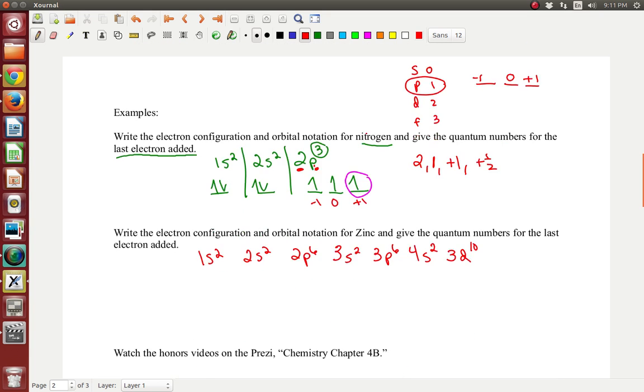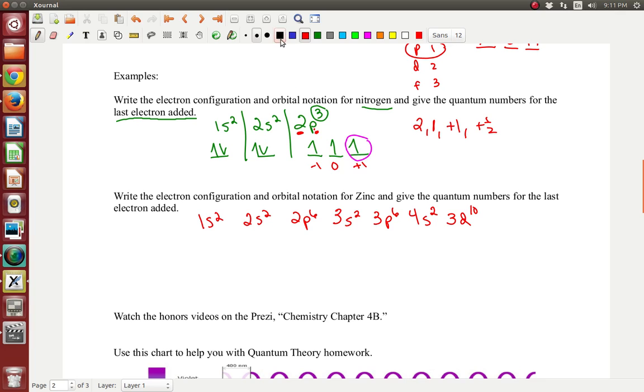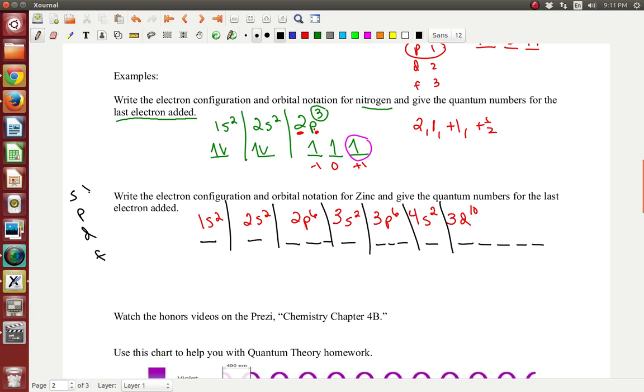Okay, now orbital notation for zinc. Write my lines. Okay, one shape for s's, 3 for p's. One shape for s's, 3 for p's. One shape for s's, and 5 for d. 1, 2, 3, 4, 5. Remember, s, p, d, f: shapes 1, 3, 5, 7.